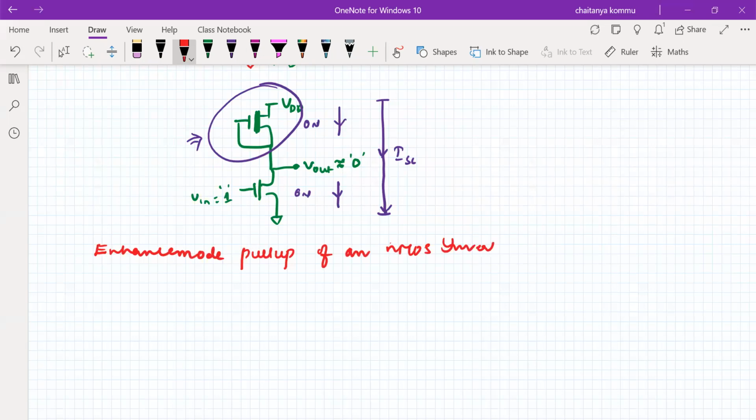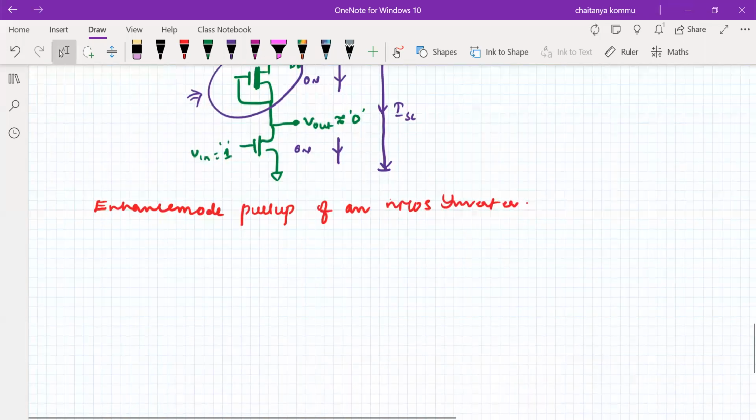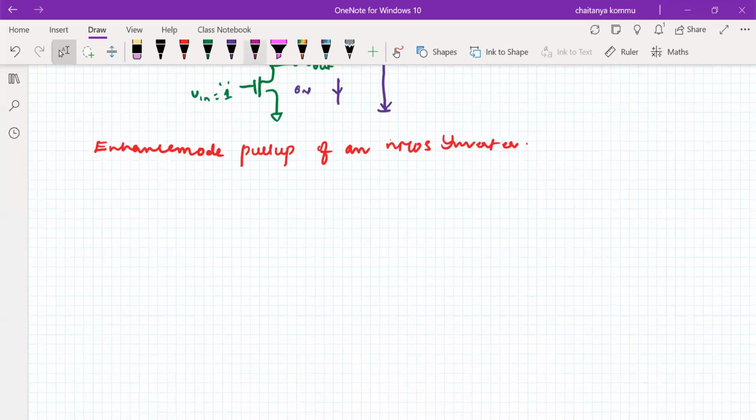I don't want to use the depletion mode transistor; I want to use an enhancement mode nMOS transistor. What is the problem? We can do it also. Let us look at it this way. This is how we can do it. It is connected to VDD, and this must be always on.